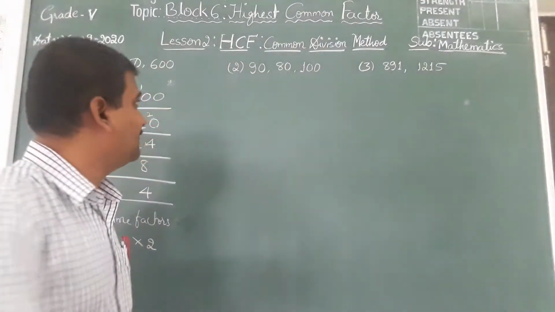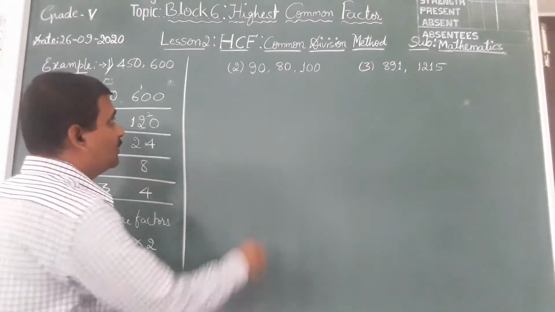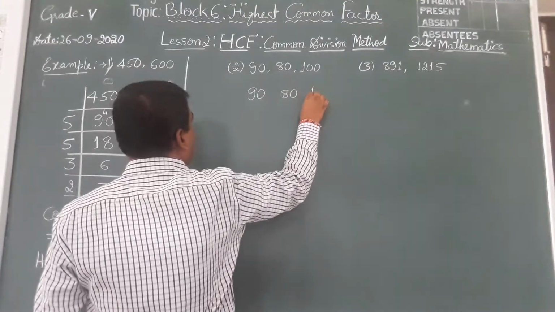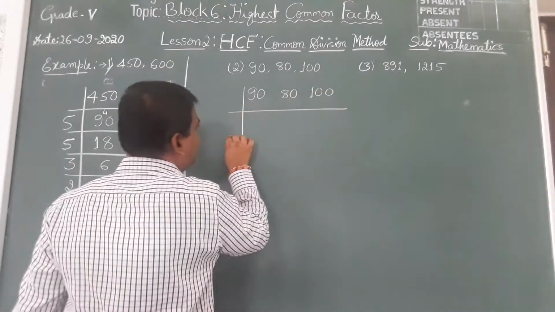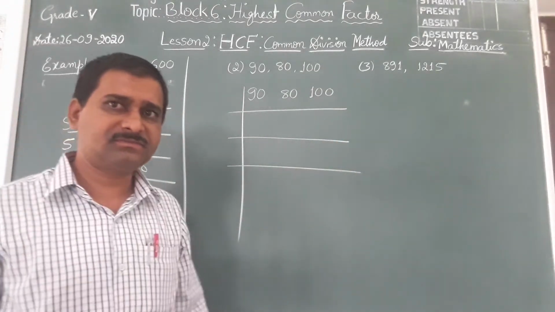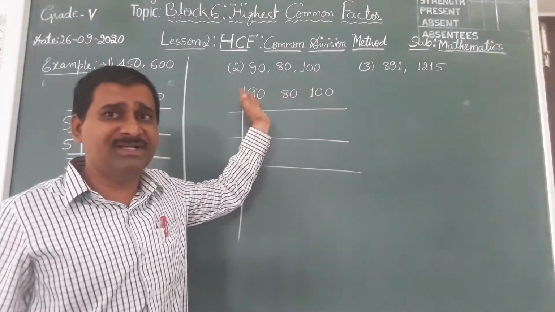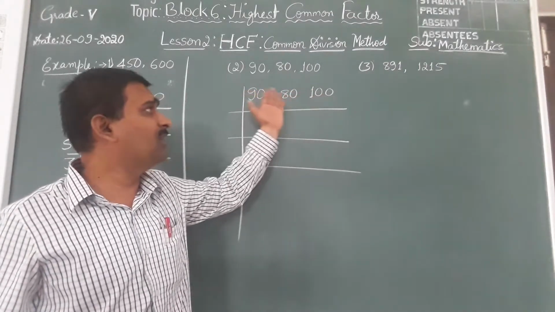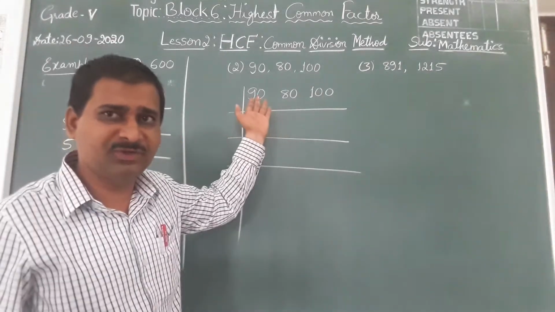Then you can do this easily. Let us see the second one. Same method I will follow. Numbers are 90, 80, 100. If you know the divisibility rules, you will do it easily. If you find 0 in the ones place, these can be divisible by 2. If the ones place is 0, 2, 4, 6, 8, the number is divisible by 2, no?